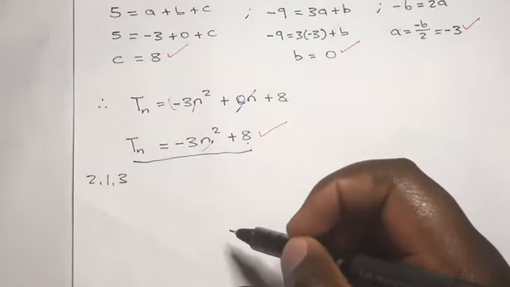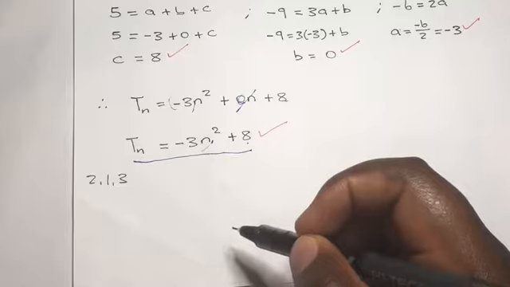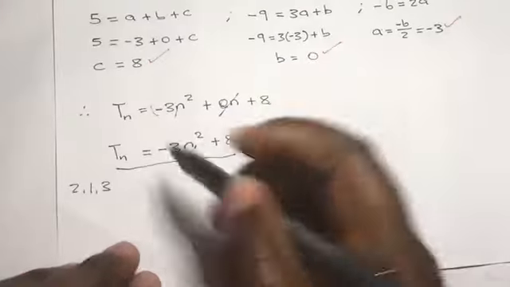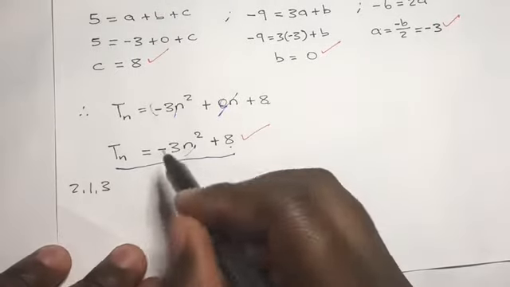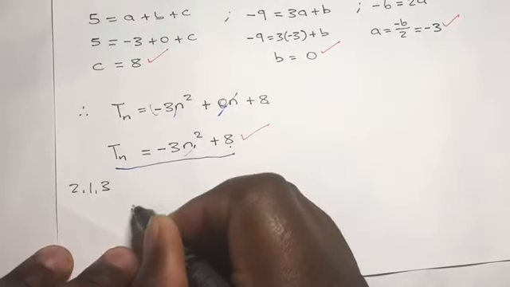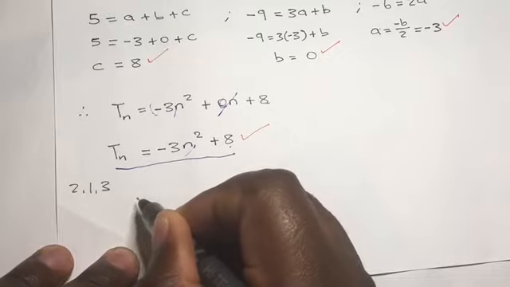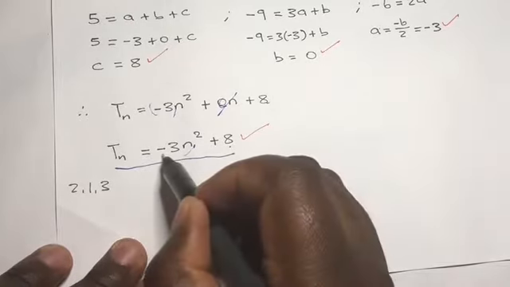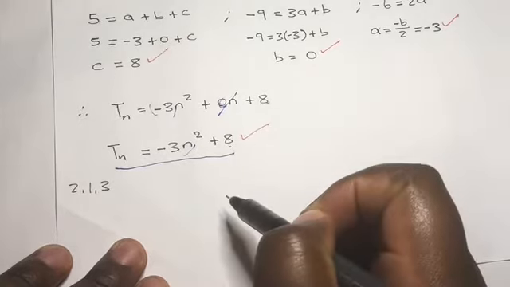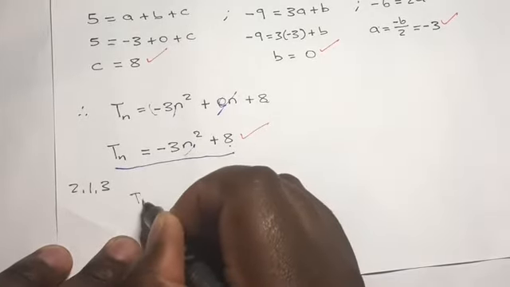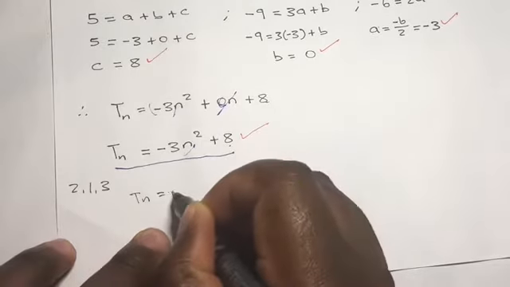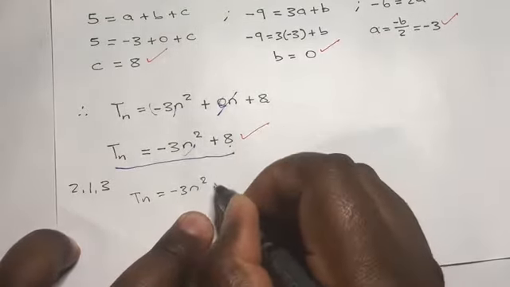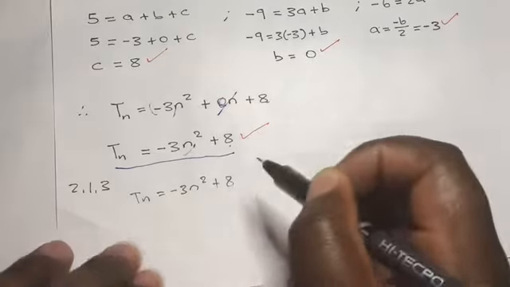So in short, they are actually asking you to calculate the value of n. So that means you equate negative 25,939 to this equation.